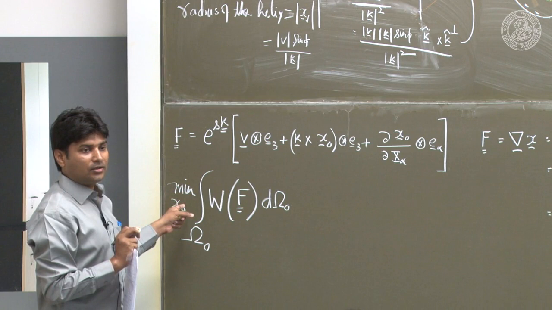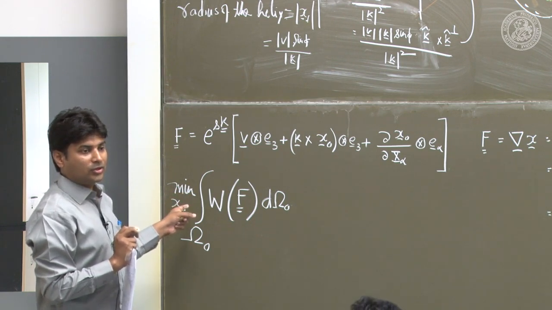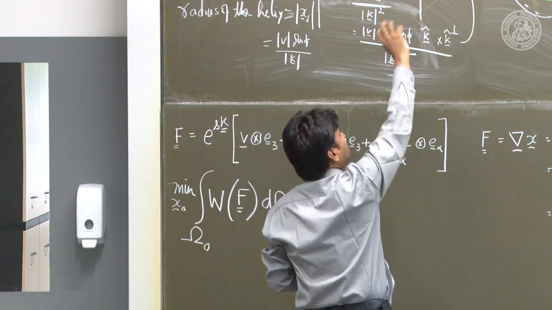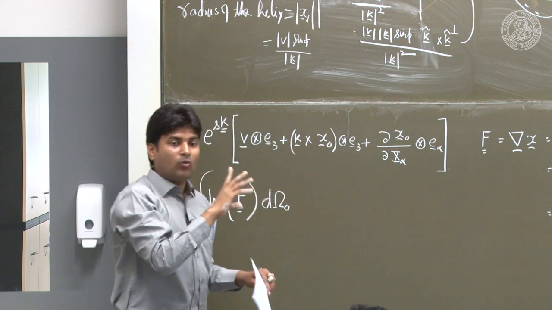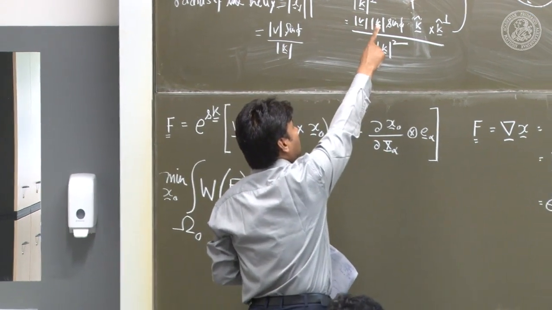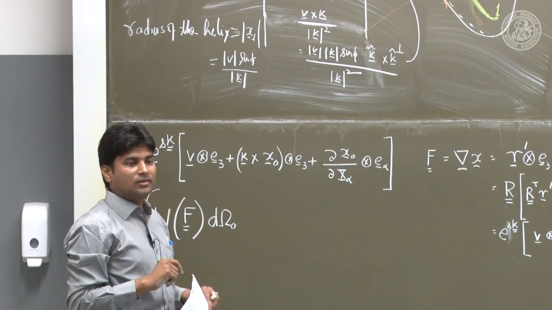I am never dictating that during the minimization. So, it is possible that your little x naught goes somewhere else, but I want, as per the kinematics, that its center line remains at the origin, right.